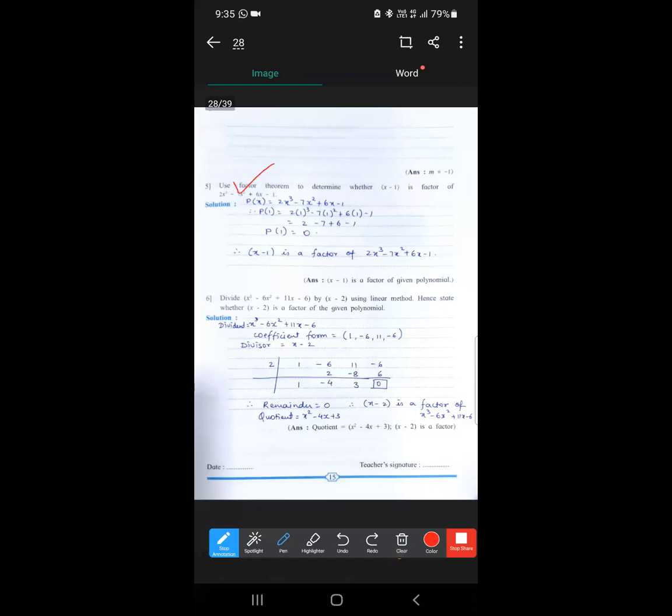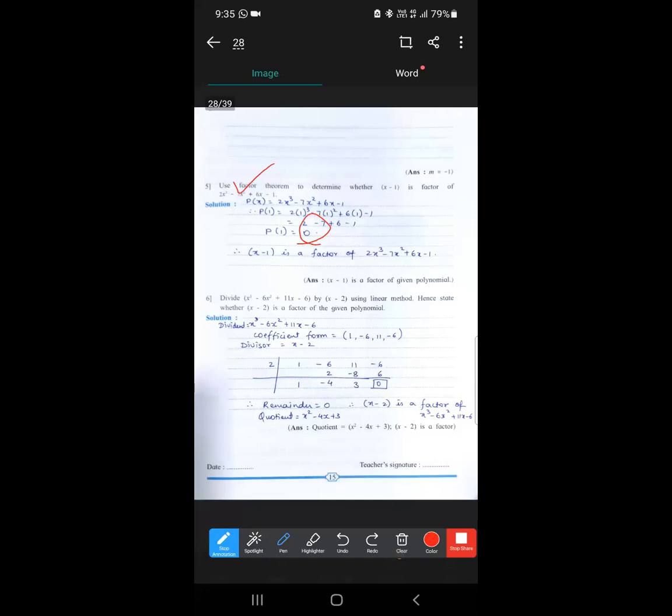Here also you will substitute the value of the variable, but after substitution, if you get the answer as 0, then that particular one is a factor of that given polynomial.